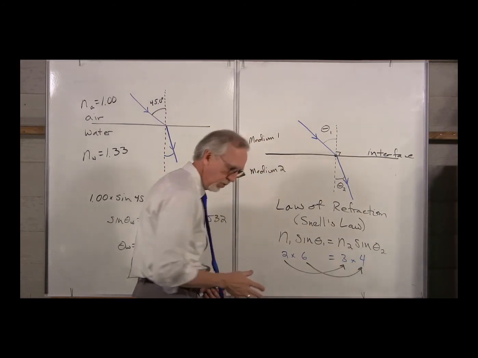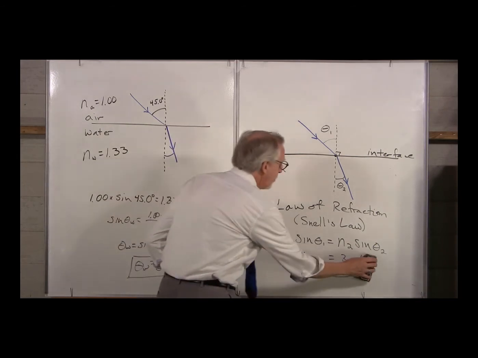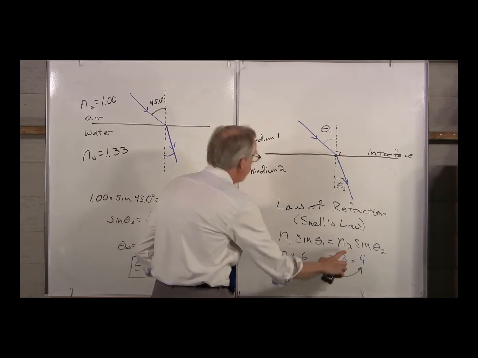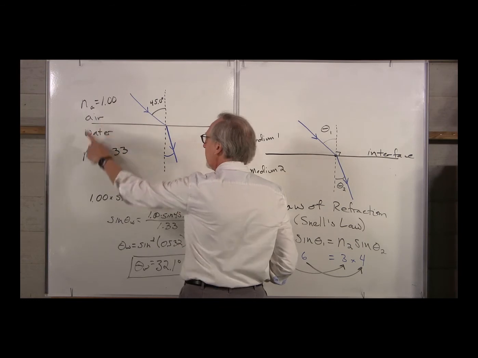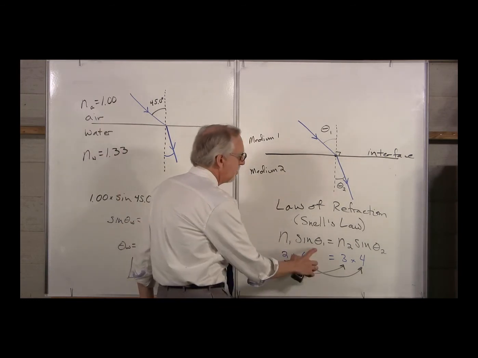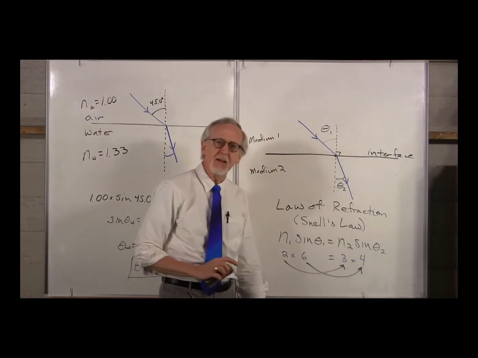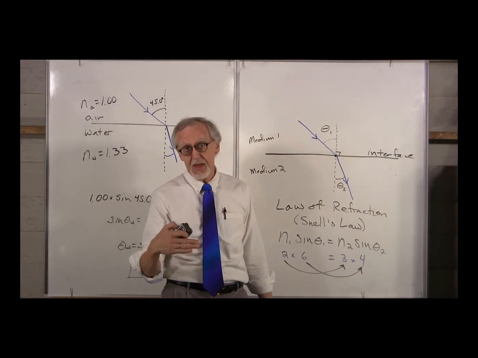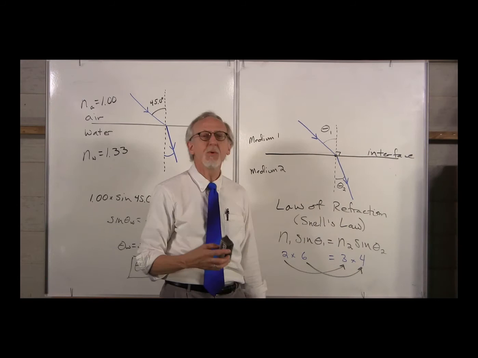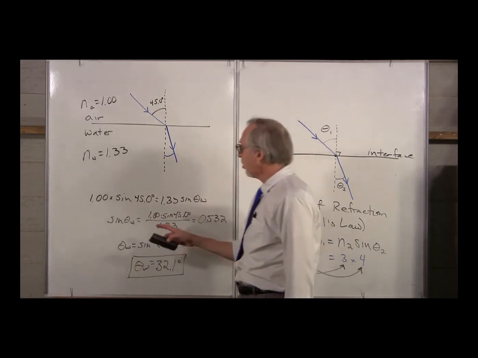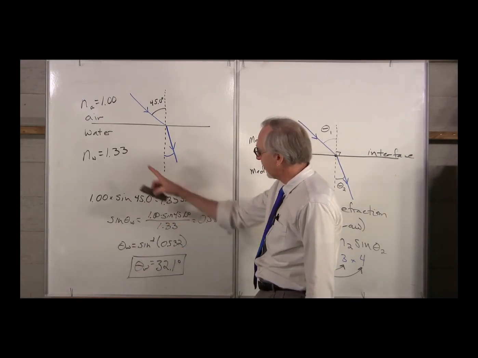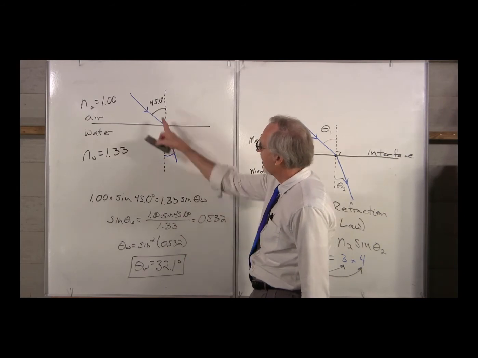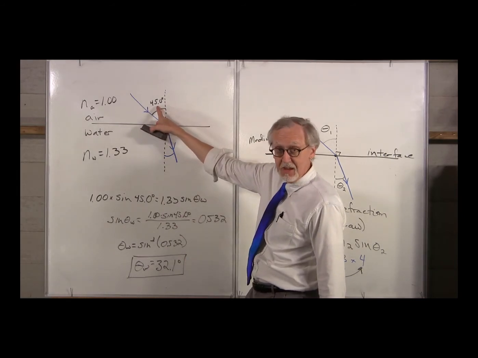So what do we get out of this? Well, if we increase n, we go from 1 to 1.33, we must decrease sine theta. To decrease sine theta means to decrease theta. So theta 2, theta in the water, must be less than the theta in the air.